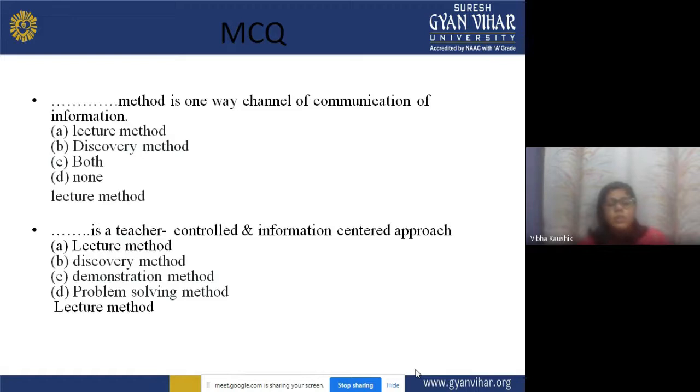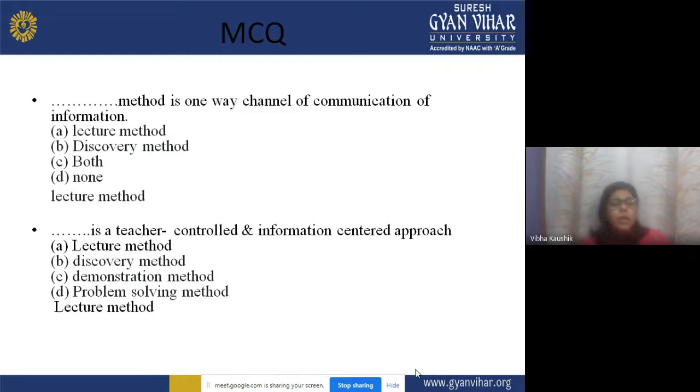Dash is a teacher-controlled and information-centered approach. Which method is called a teacher control method, as all the control of the teaching learning process is in the hand of the teacher, and an information centered approach where the whole information is imparted by the teacher only.